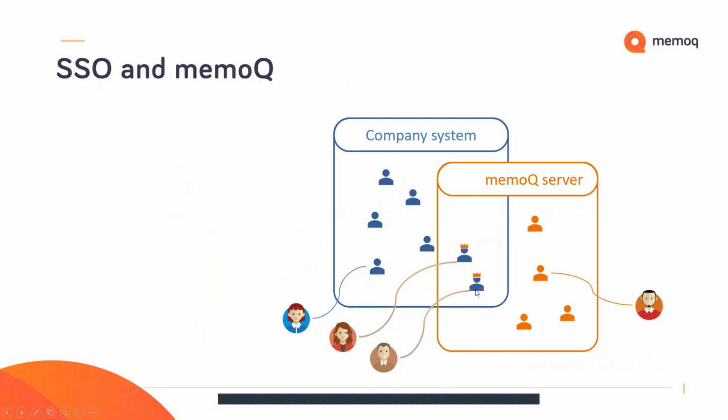So all the advantages that the company system has will be valid for the users in the memoQ server. They will be able to log in with the very same username and password, and those users don't have to be managed separately. And as you see, both users who were only present in one of the systems remain intact, so nothing happens to them.